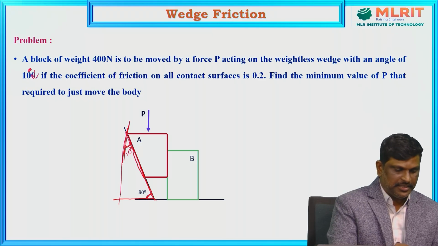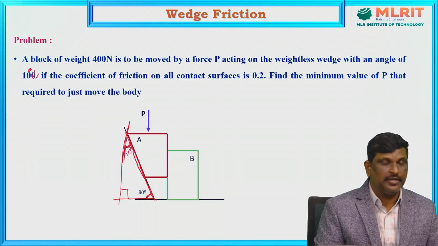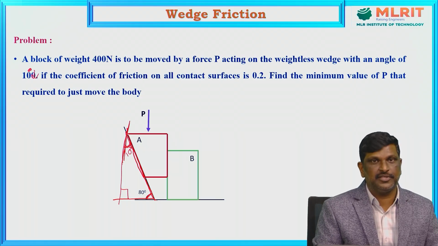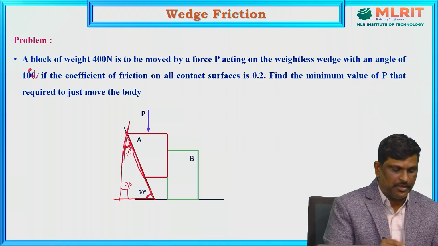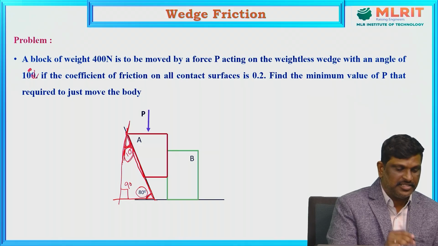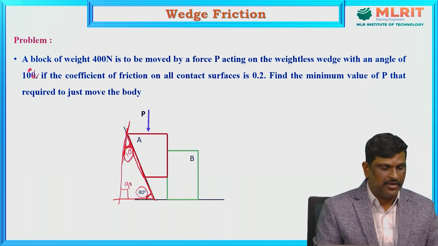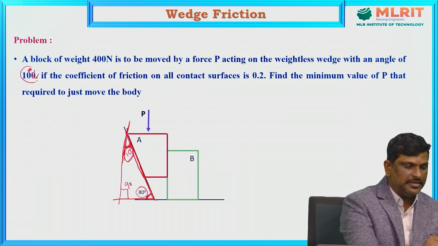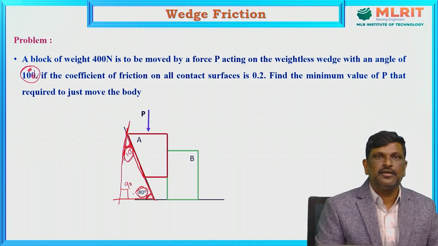The total angle in any triangle is 180, so this is 90 degrees, it is perpendicular, and here it is 80. So the remaining angle is 10 degrees. This is the angle of the wedge. For our calculation, we are going to use the angle of the wedge as 10 degrees, not 80 degrees, which it makes with the horizontal.